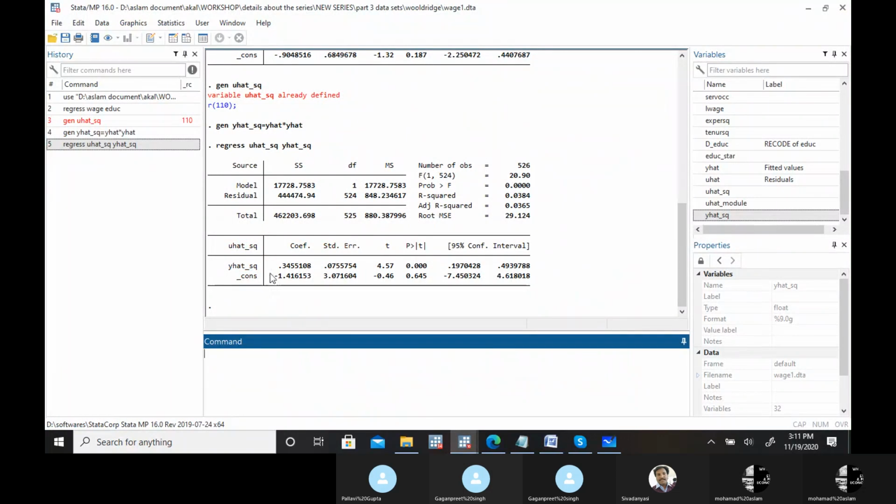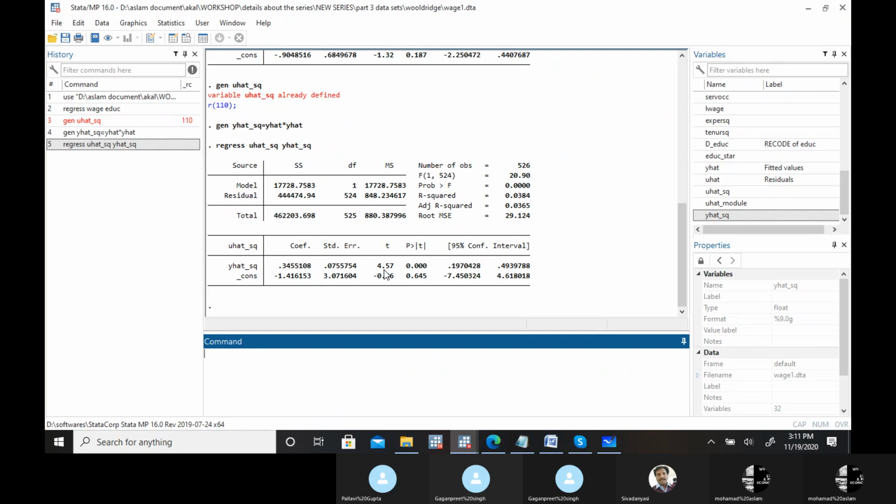Now we need to worry about the coefficient of Y hat square, and you can see here it is statistically significant at 1%, 5%, all the levels of significance. So it means Y hat square is significantly explaining changes in U hat square.